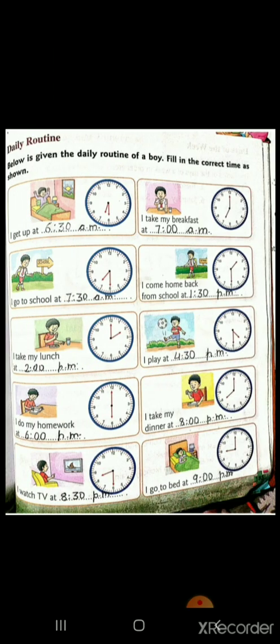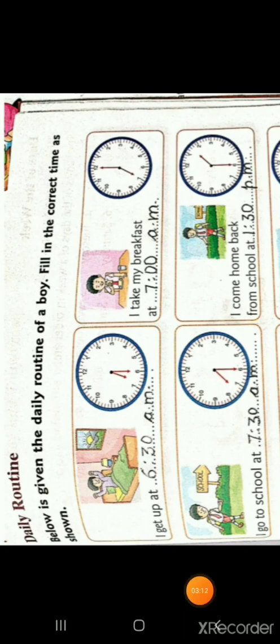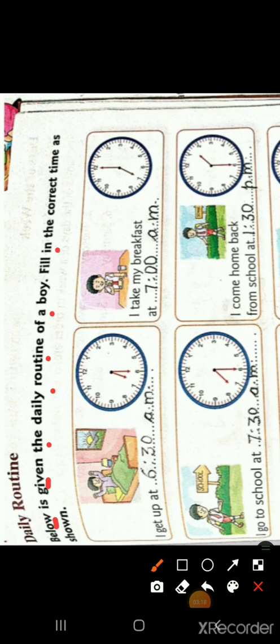Now you can see page number 185, students. Now I will explain how we will do this exercise. Here is the question, you can see, students. Below is given the daily routine of the boy. Fill in the correct time as shown.